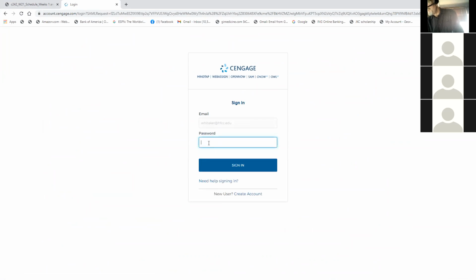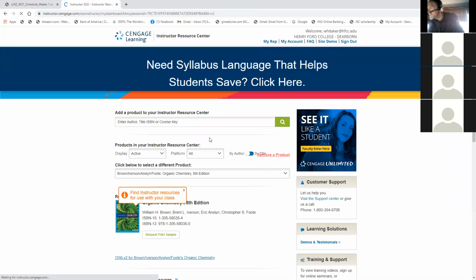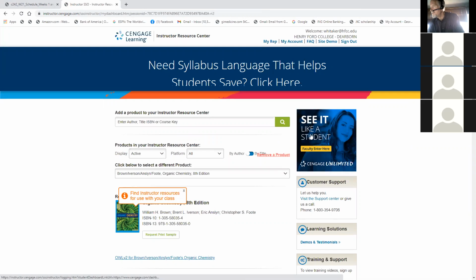Sure hope it doesn't show my password. I don't believe it does. And student view. OWL first week. They're probably overloaded right now. See it like a student. You don't have to do that. You are a student.